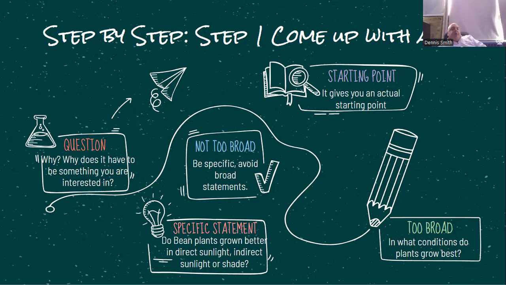In what conditions do plants grow best? Well, first of all, it depends on the plant, and it depends on thousands of different combinations of what might be the best. So you need to make sure that you are coming up with something that has a starting point, something that has a specific statement, and something that you'll be able to actually record the data from.